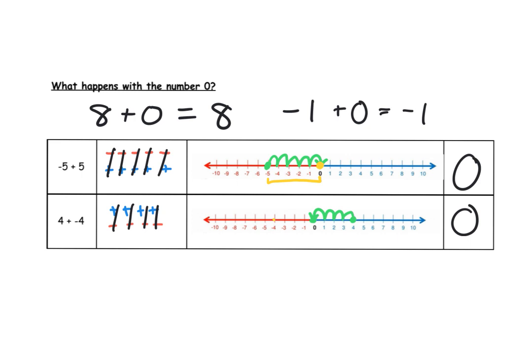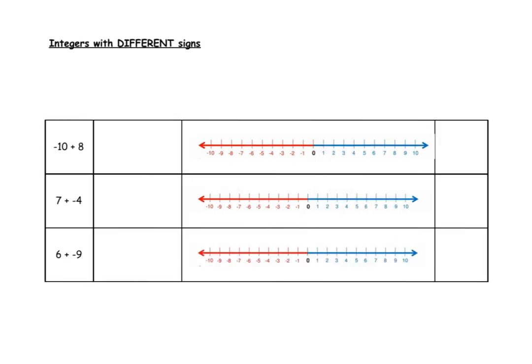Okay, so we're going to use that when we talk about adding integers with different signs. So what happens when we add a positive with a negative, or a negative and a positive? Either way, it doesn't matter. So I'm going to go over a rule first to kind of help you, and then we'll do some examples with it. Okay.